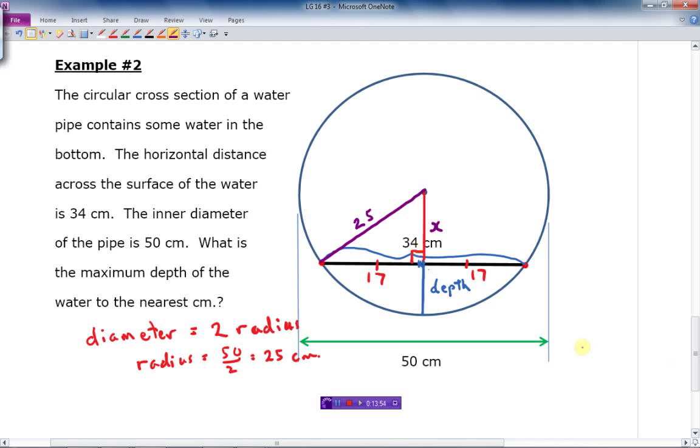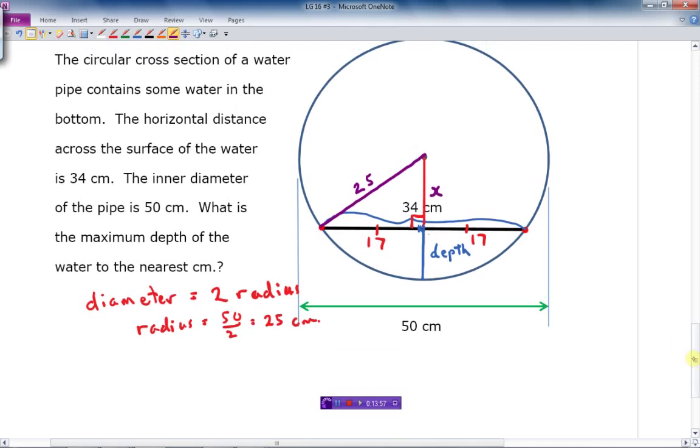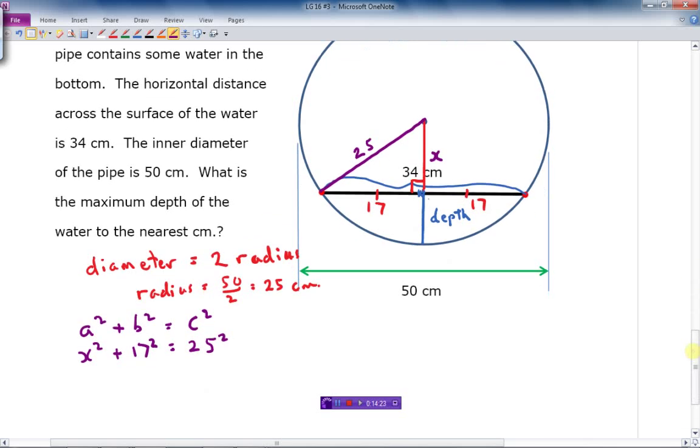So I'm doing a squared plus b squared equals c squared. This time we'll call a x, so x squared plus 17 squared is the other leg, and the hypotenuse is 25, so that has to be the c. So x squared plus 289 equals 625.